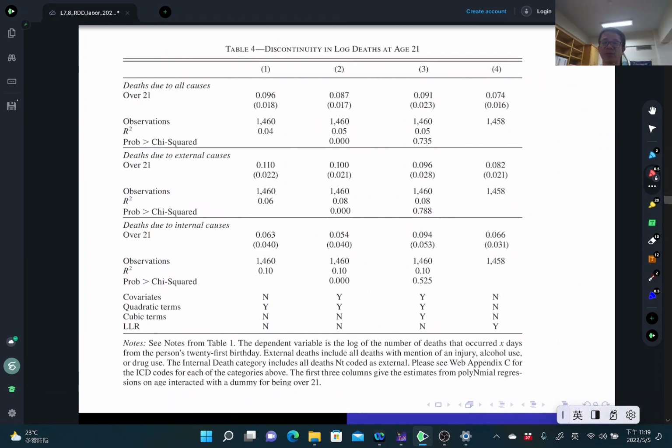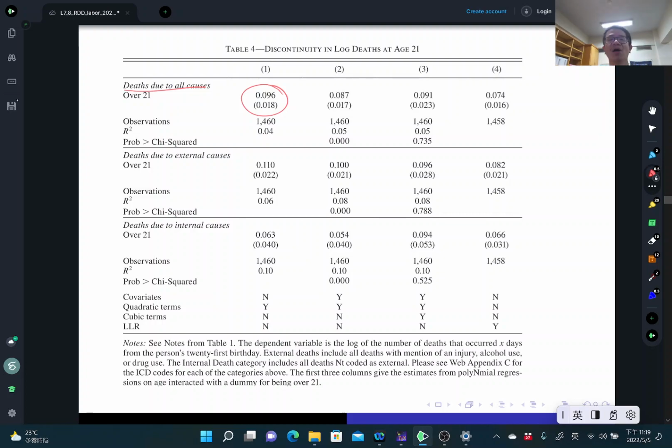So here's the result. Here we just focus on the coefficient on the dummy for ages above 21. The first panel represents the estimate for deaths due to all causes, and you can find the discontinuity estimate is positive.